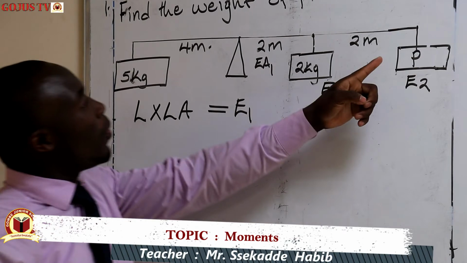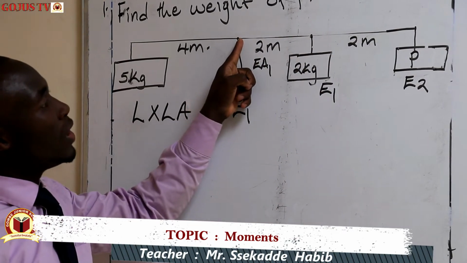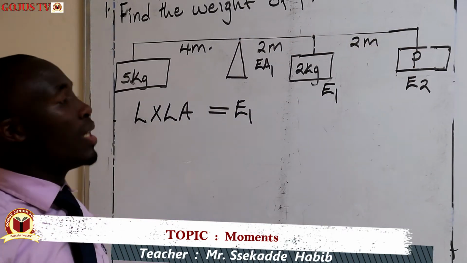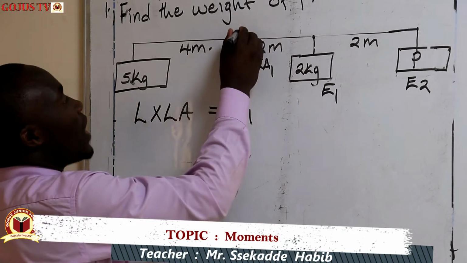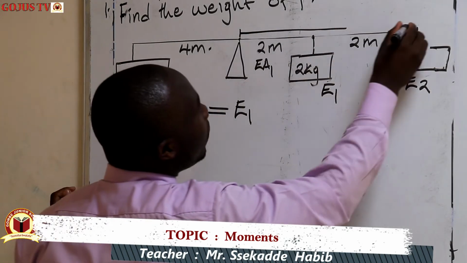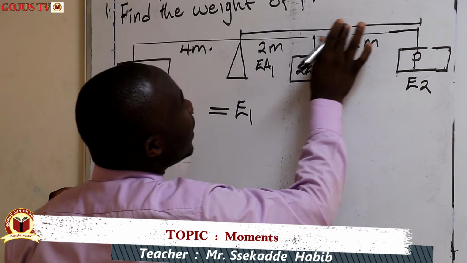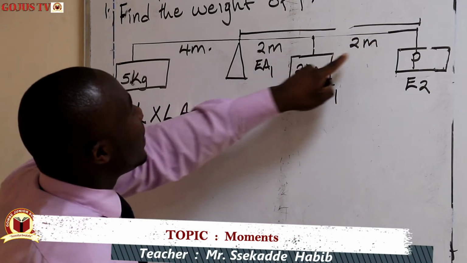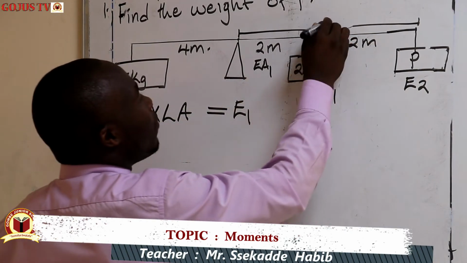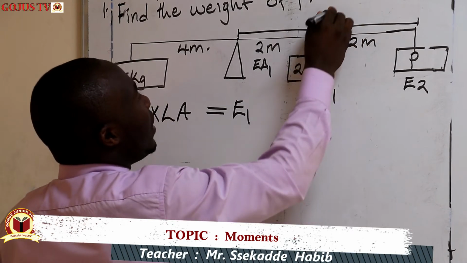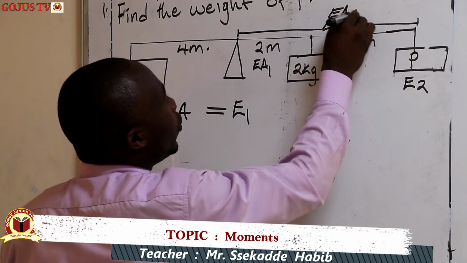No, it is supposed to be calculated from the pivot until when we reach that effort. So we shall sum up that distance from there up to this side. When you add up 2 meters and 2 meters, we shall get 4 meters. So this will be our effort arm 2.